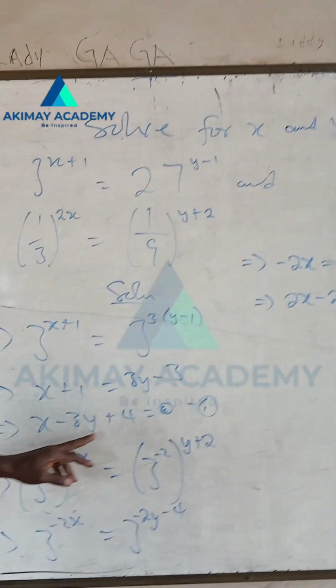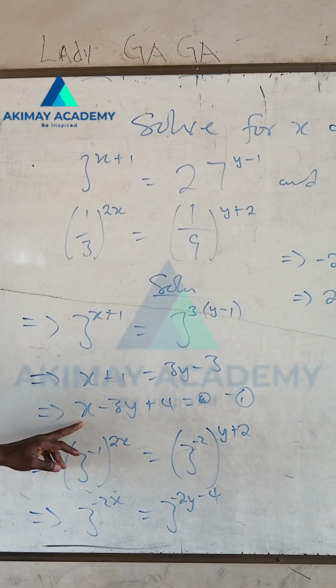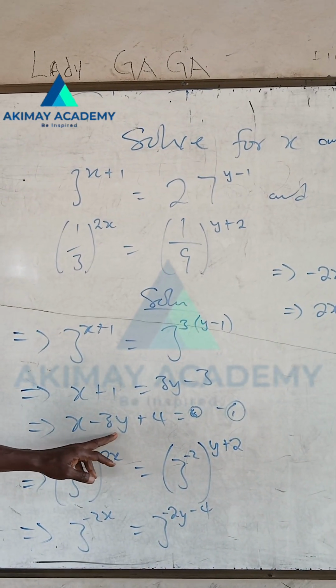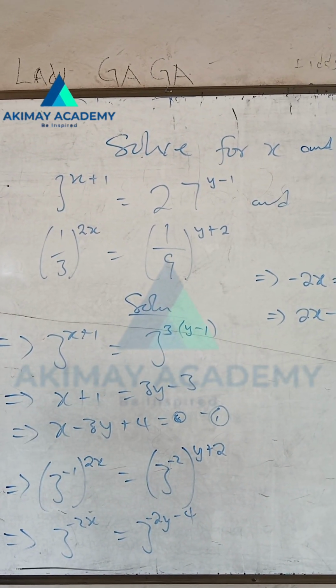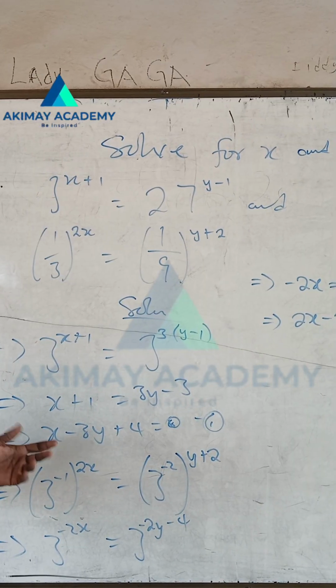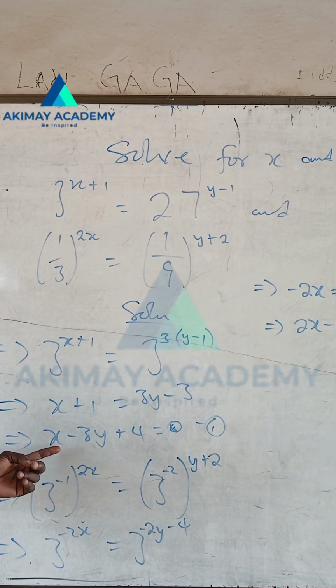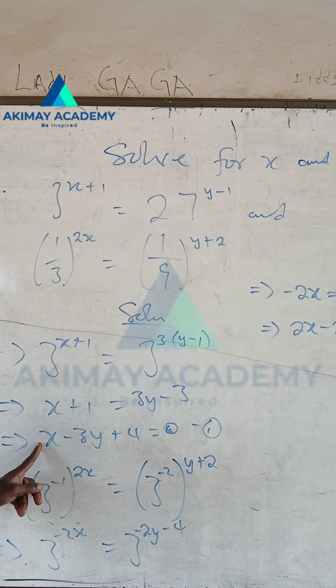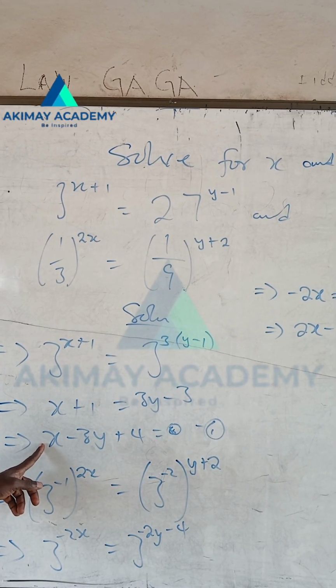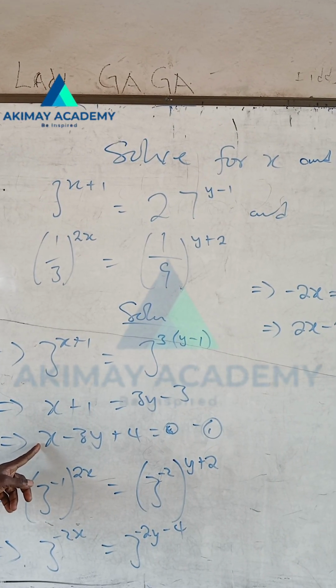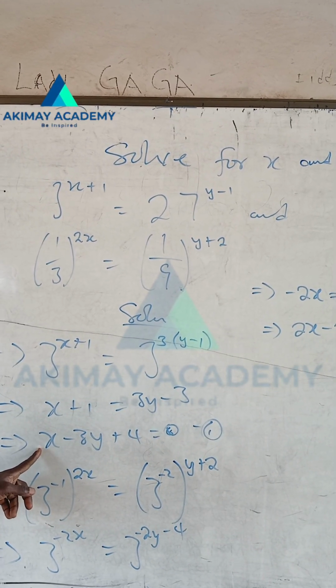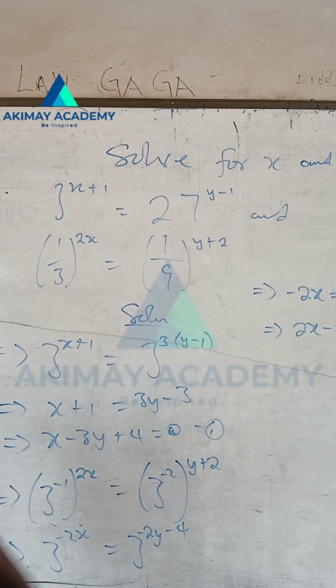So over here from our equation 1, we know that x minus 3y plus 4 equals 0, right? So from here we can make x the subject from equation 1. We can make x the subject over here because here x is standing alone. So it will be easier and faster for you to make x the subject. Okay, so we send everything to that side of the equation.